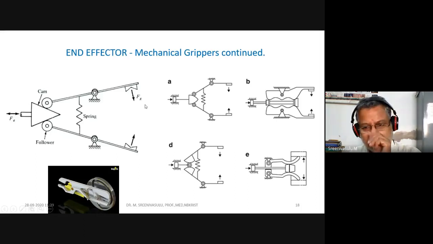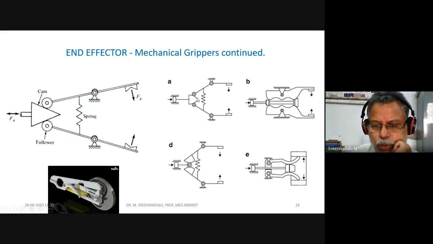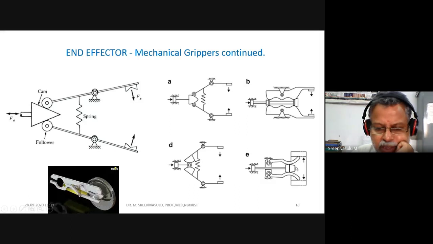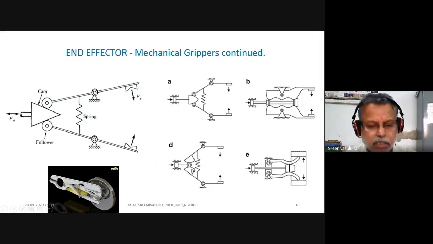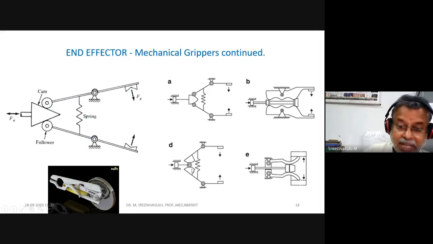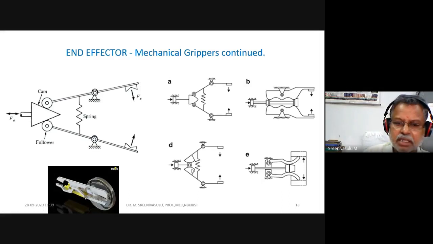Same thing here. This is the cam here, and here these two are the cams. Here this is the cam, and here these two are the cams. So depending upon your requirement, you should be in a position to devise these mechanisms.